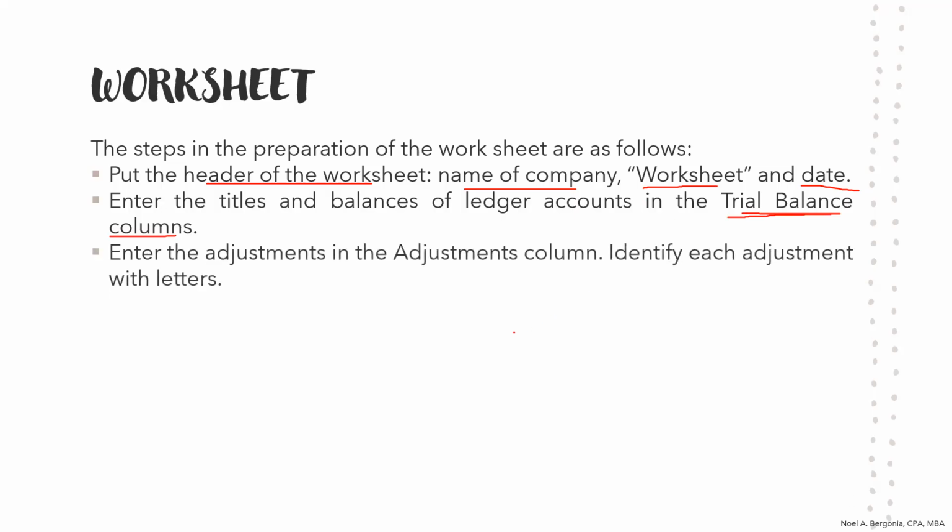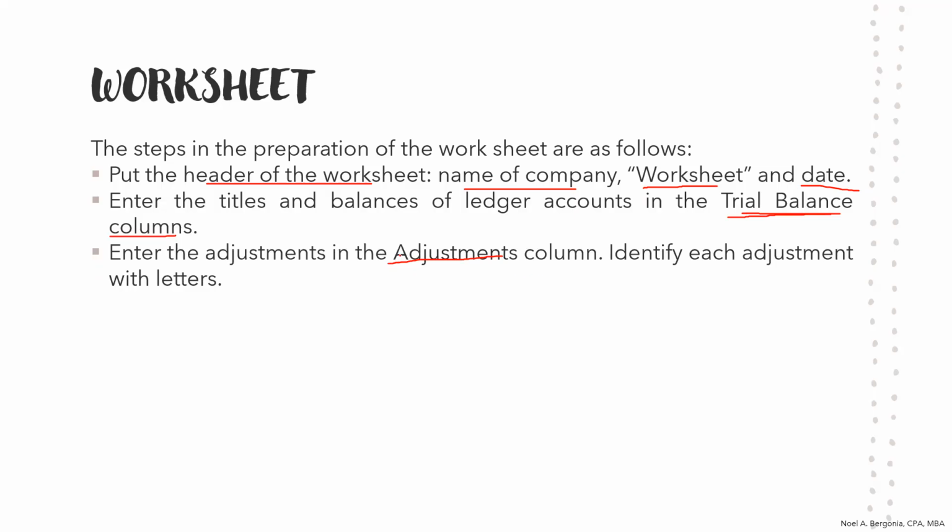And then in the adjustments column, it is where we're going to put the adjustments. Hindi pa po agad tayo mag-journalize and post ng adjusting entry, because if we go back to the steps that I showed in the introduction, the journalizing and posting of adjusting entries in the journal and ledger happens after the worksheet preparation.